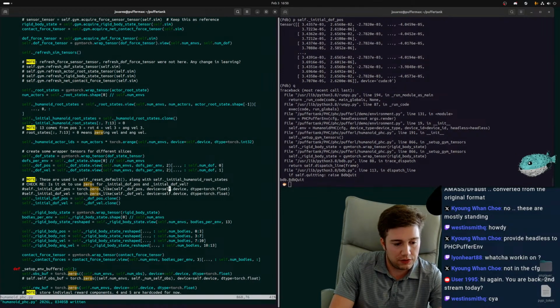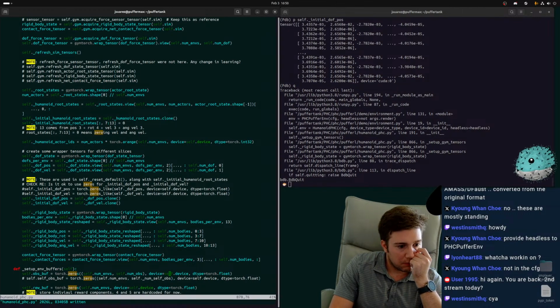Let's see if I can figure this out. Just gonna see if I can optimize the control tasks here a little bit. Much work to be done on this.